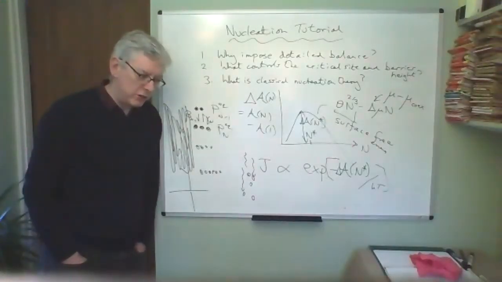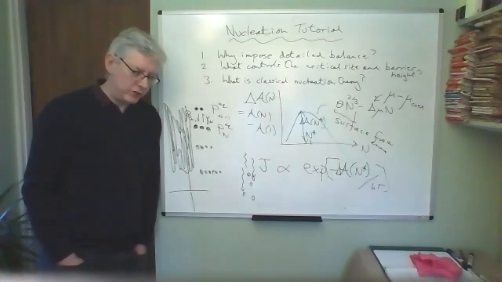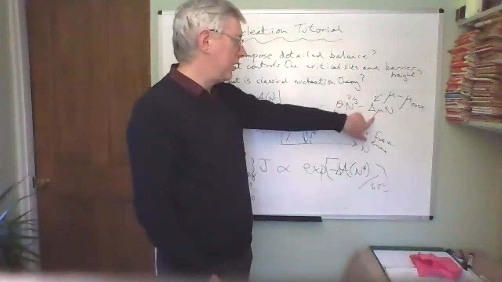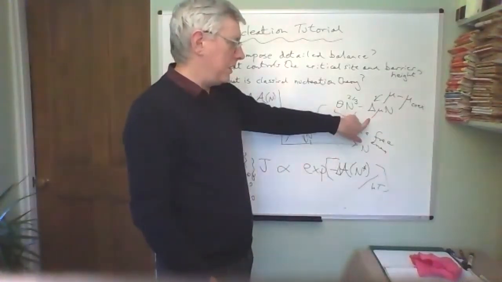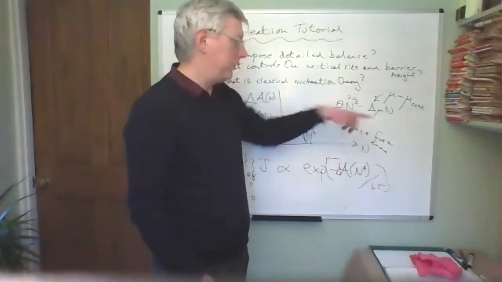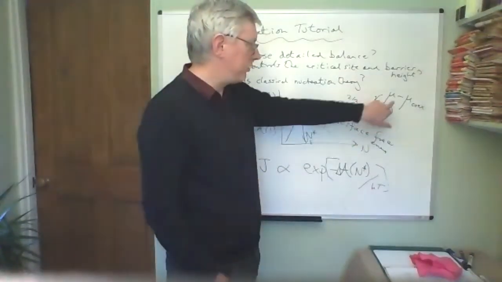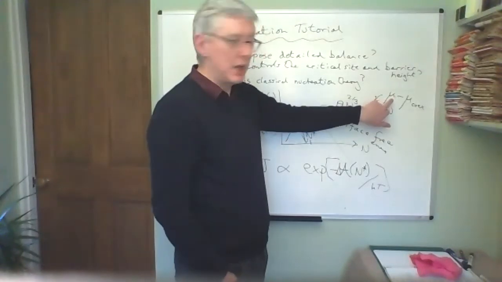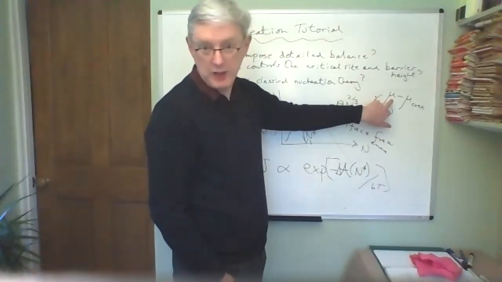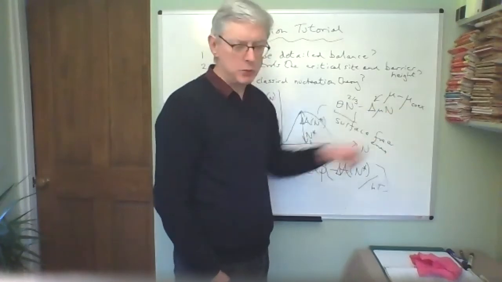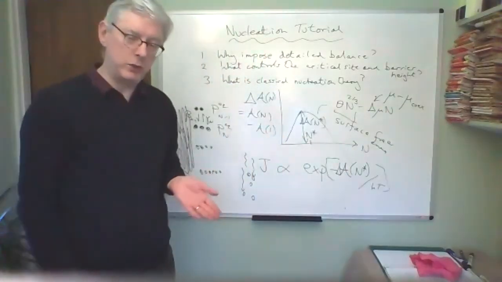They are indeed, okay, the new phase and the old phase most definitely have different chemical potentials when nucleation is taking place. And indeed, within the rate expression, there is a delta mu, which signifies the chemical potential of the old phase, the gas, relative to the chemical potential of coexistence with the liquid.